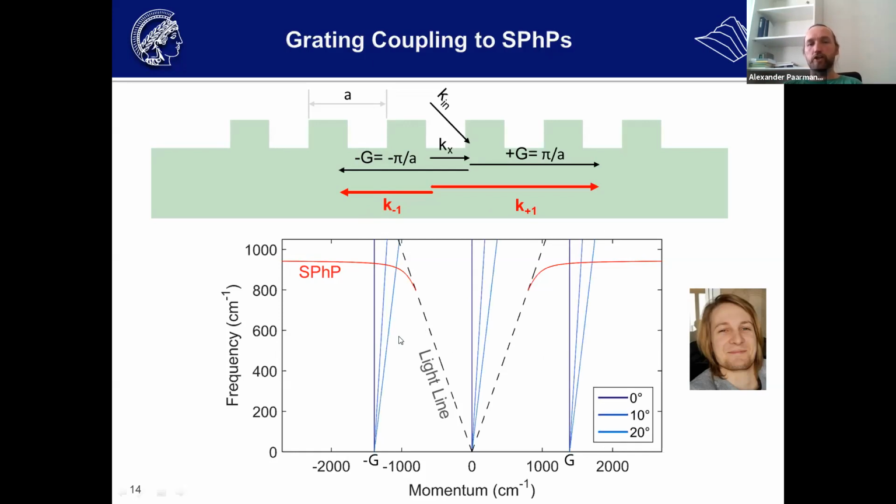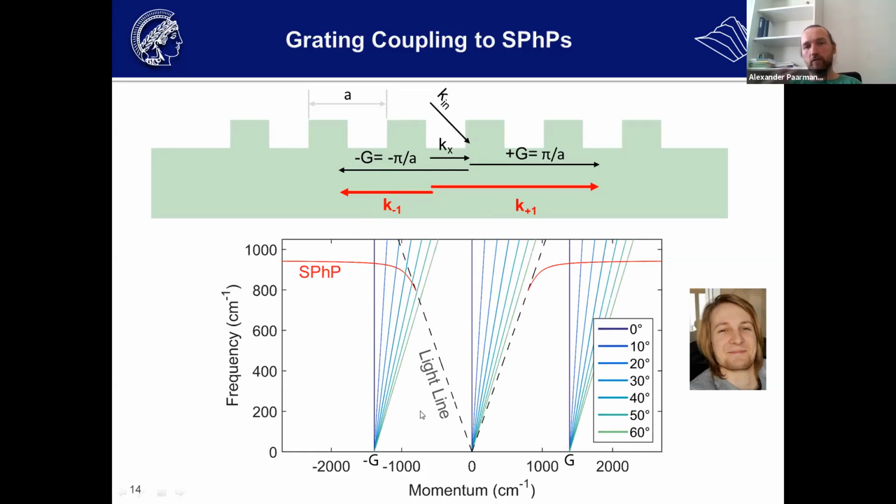And now if you change the incident angle, you span up this fan of light dispersions into the minus first diffraction order of the grating and the plus first diffraction order of the grating. And the important point to notice here: the zeroth order is also there, but the zeroth order doesn't matter because it never crosses the surface phonon polariton dispersion. That's because it's within the light cone, right?